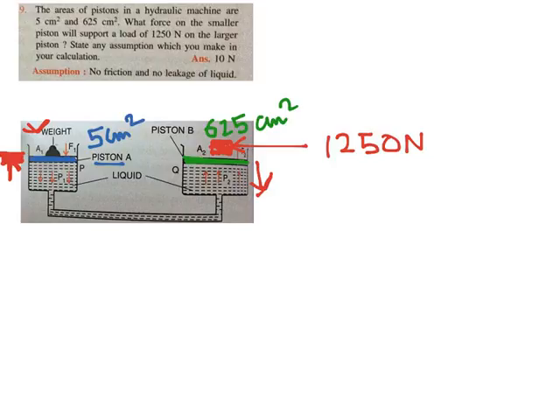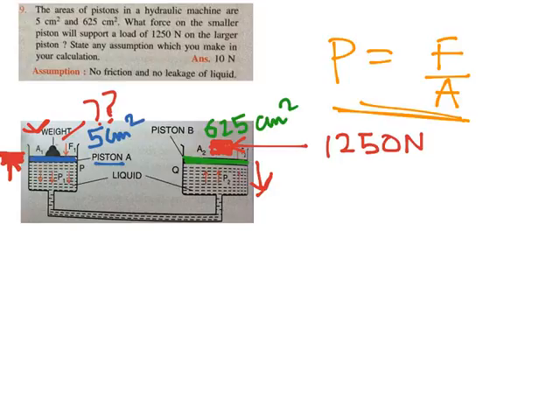So what is this weight that I have to put in? We know pressure is equal to force by area. That's not from Pascal's law, we know this from previous chapters and classes. What we know from Pascal's law is pressure everywhere is the same.